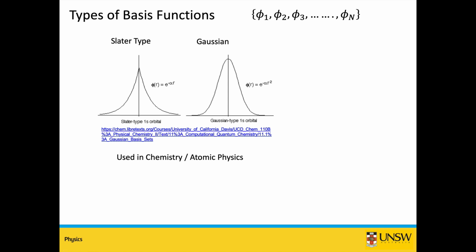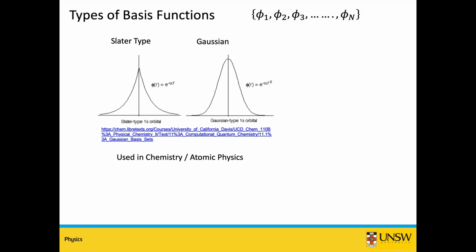And now let us look at some of the types of basis functions that are common. If you are doing chemistry or atomic physics, two common types of basis functions are Slater type basis functions, also called Slater type orbitals, and there are also Gaussian functions.